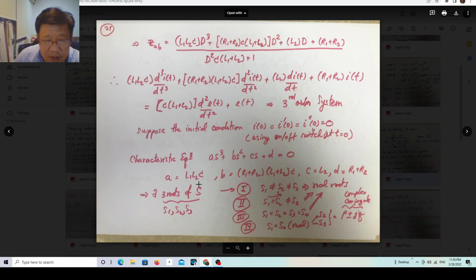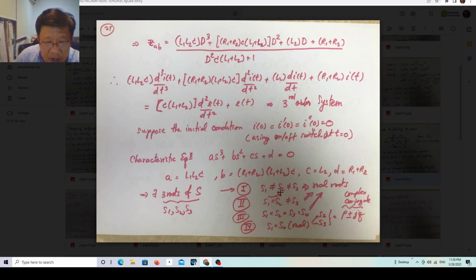But once you get the result of three roots of S here, from this auxiliary equation or characteristic equation, there are four types of outcome that can happen. Consider here, first one, you have all real roots. All roots are real numbers and different, distinct from each other.